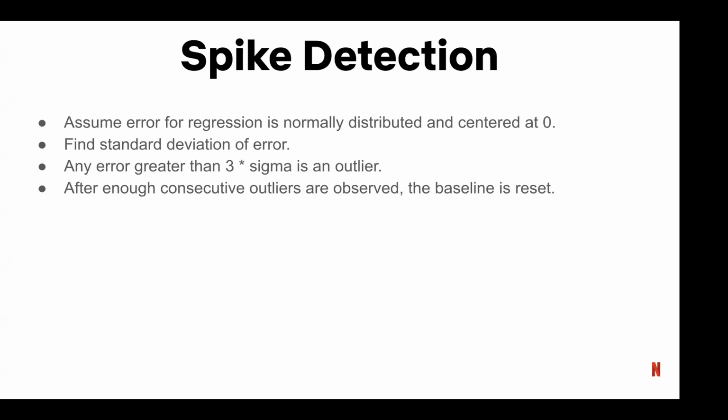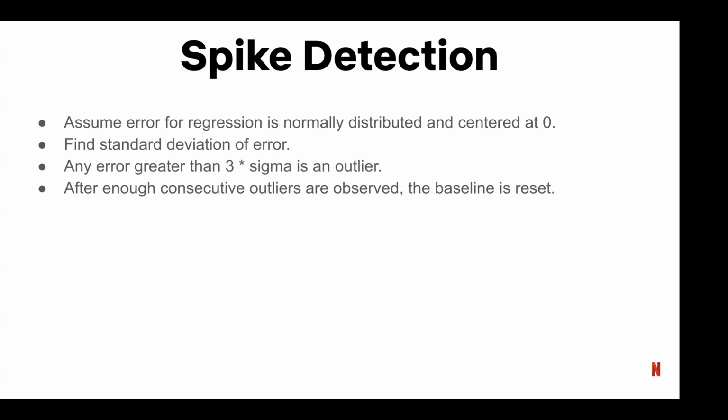These spikes, if they're handled naively when computing your regression function, can make your regression function really inaccurate. So you need a way to handle them to make sure that even in the case of spikes in the incoming event rate, our regression function can still be accurate.